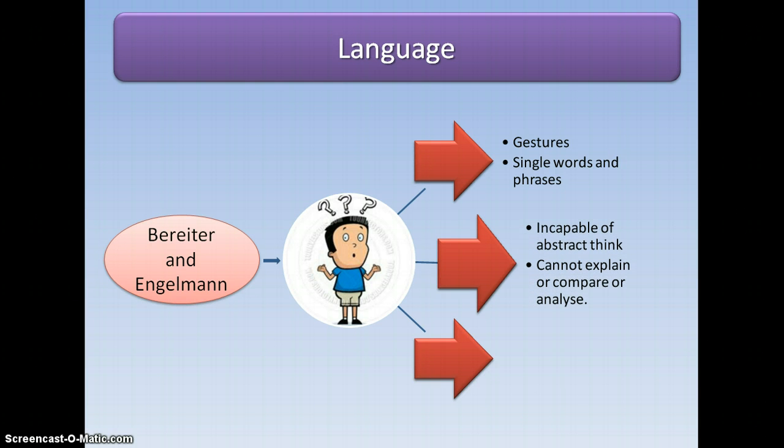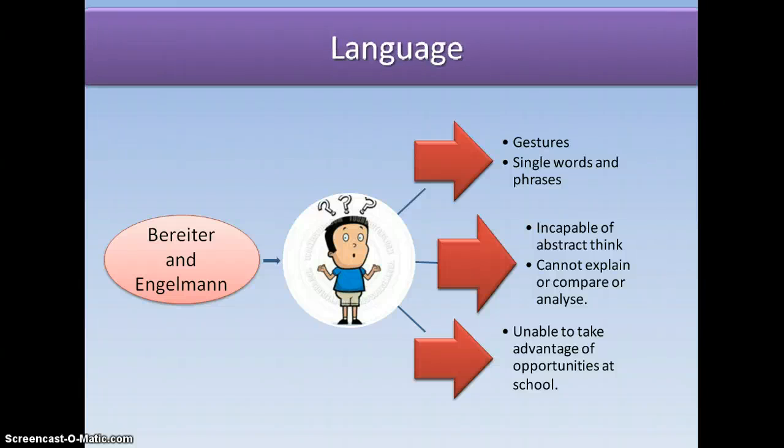They are incapable of abstract thinking, and as a result they find it difficult to use their language to explain, compare or analyse. And because of this, they're unable to take advantage of the opportunities at school, because if you can't use language fully, then you can't express yourself and you can't actually develop the skills required for the education system.